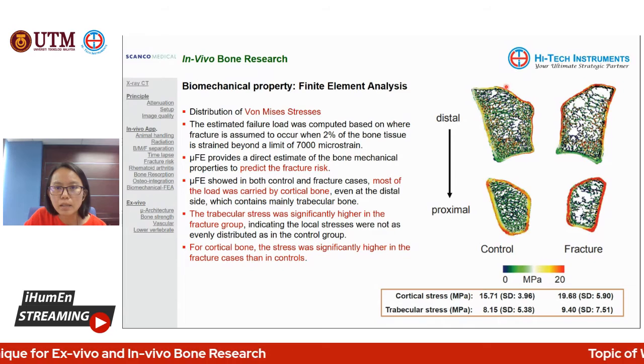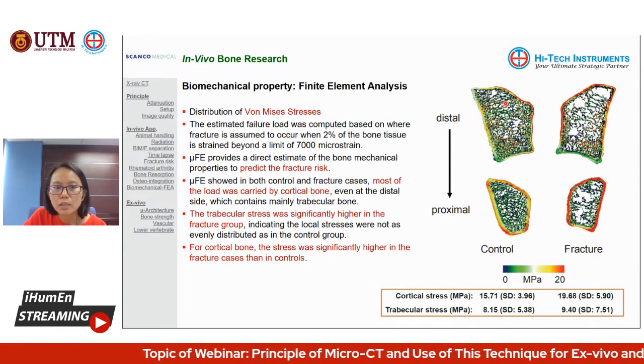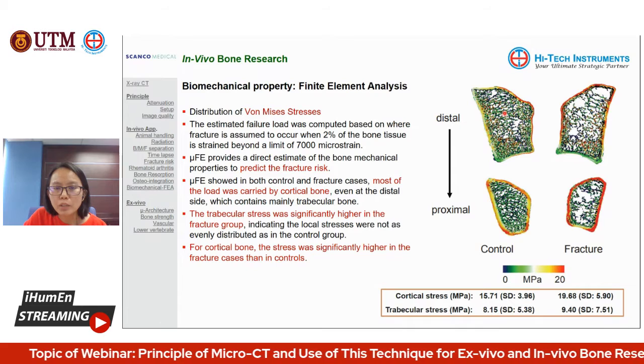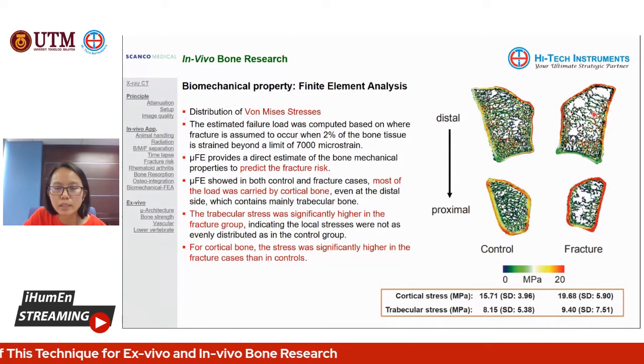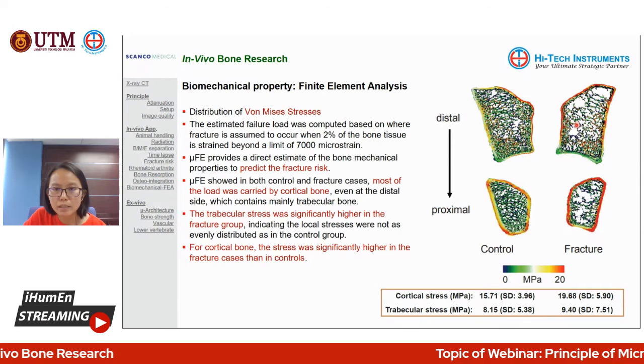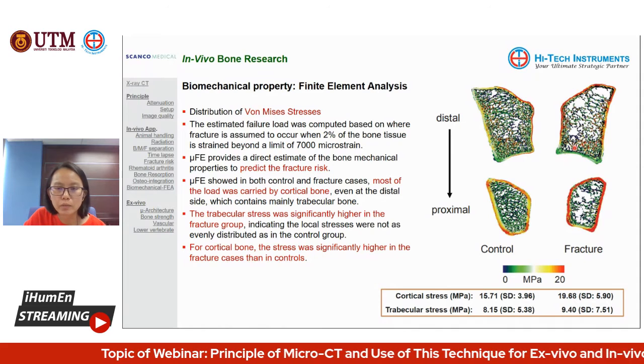As you can see here, the red color area is having a higher fracture risk compared to the green and the blue color. So the interesting thing that you can see from here is that the trabecular, even in a high porosity sample, is actually having low fracture risk compared to the cortical, which means that the cortical will actually collapse before it comes to the trabecular area here.